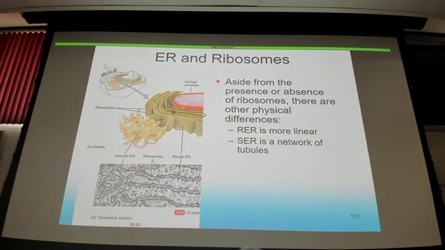You look at neurons, we'll see that's different. It's kind of these linear sacs, and then you have all these ribosomes that are attached to it. The smooth endoplasmic reticulum is more tubular. So those are both types of endoplasmic reticulum, smooth and rough.